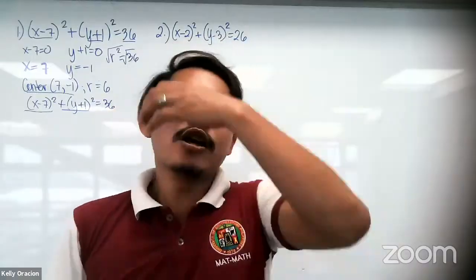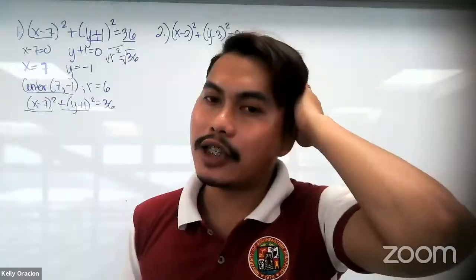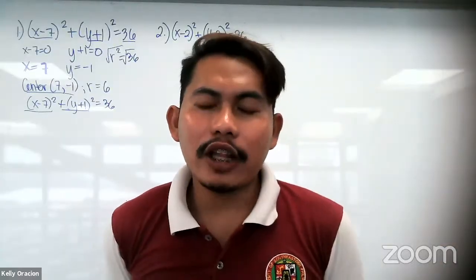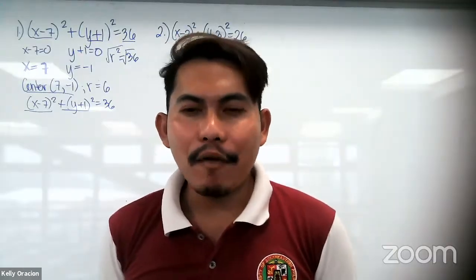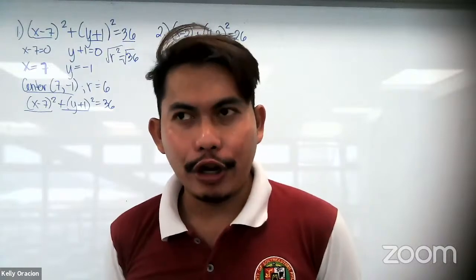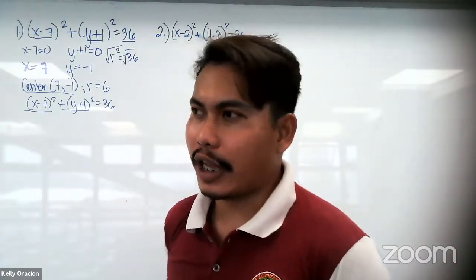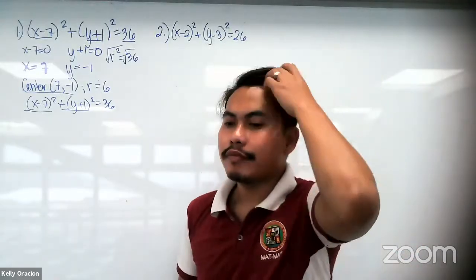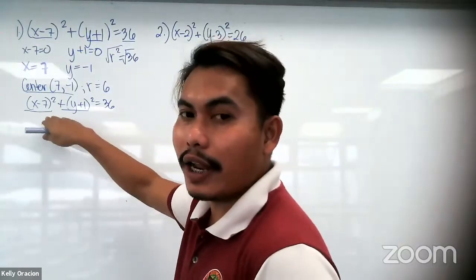So what method will we use to expand it? The common method that you are going to use is the FOIL method, because that is the most common. But there are other ways, like the perfect square trinomial shortcut. So let's use the FOIL method to expand this one.